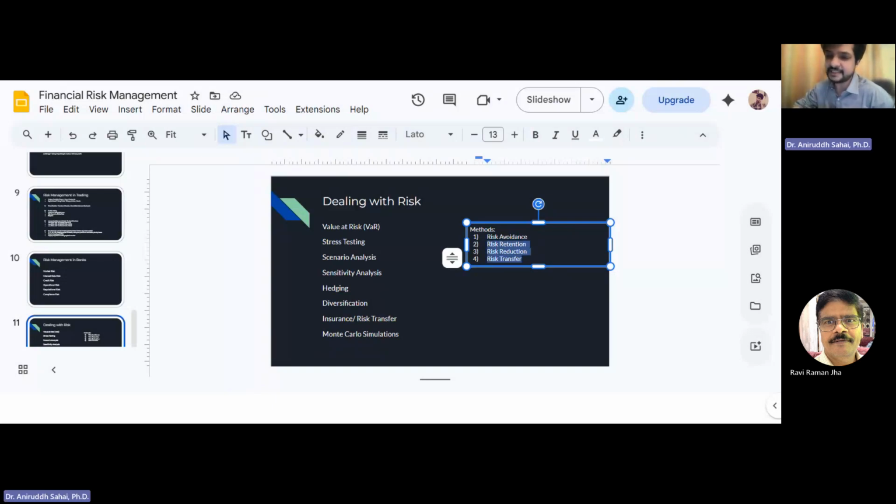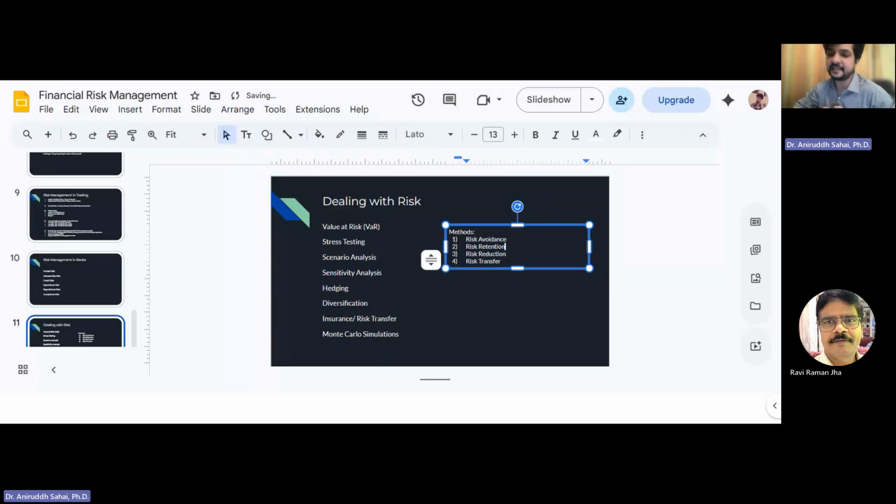So broadly, these are the four ways in which risk can be dealt with. Either avoid the risk completely, or try and take adequate precautions, which is known as risk reduction, or transfer the risk to some other party in the form of an insurance or a derivatives contract. Or finally, if nothing can be done, you retain the risk with yourself by building a contingency fund.